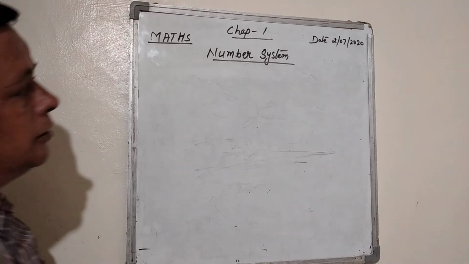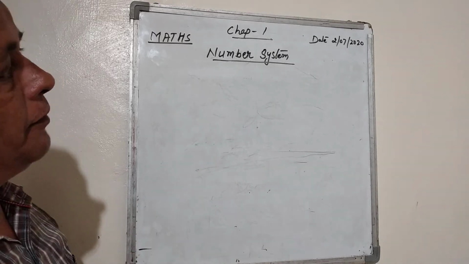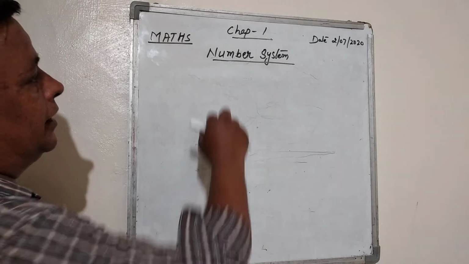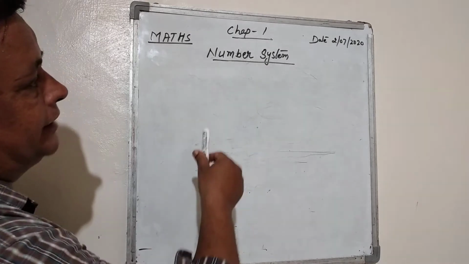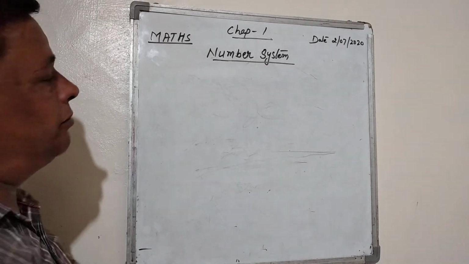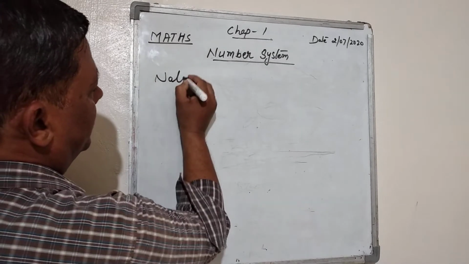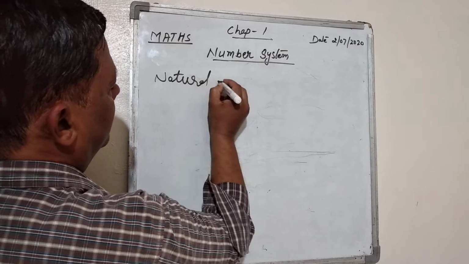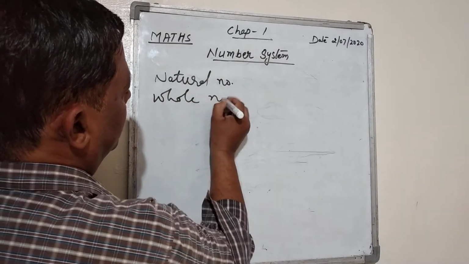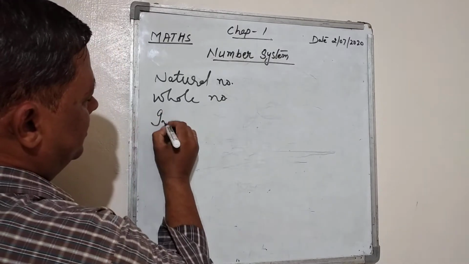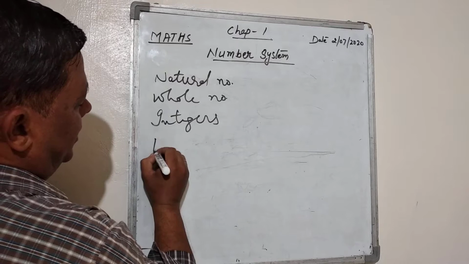Good morning, you all. As we have discussed the first chapter in our previous classes, the number system. We have read the types of numbers like natural number, whole number, integers, real number.